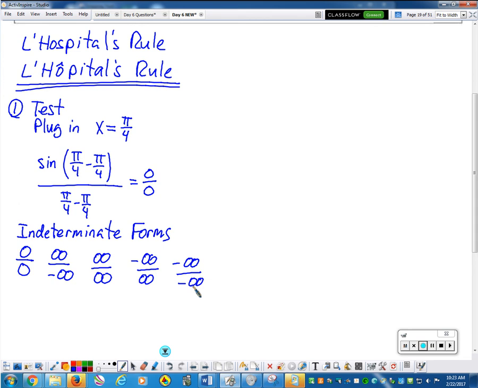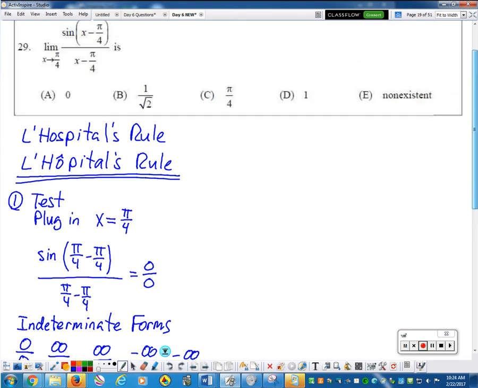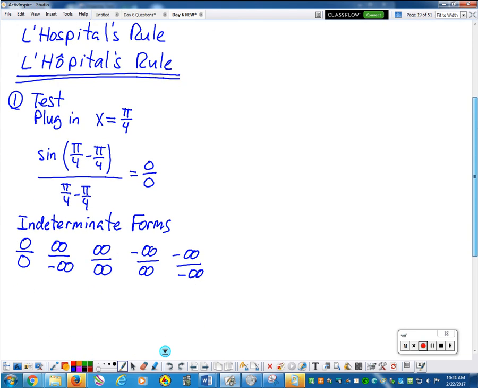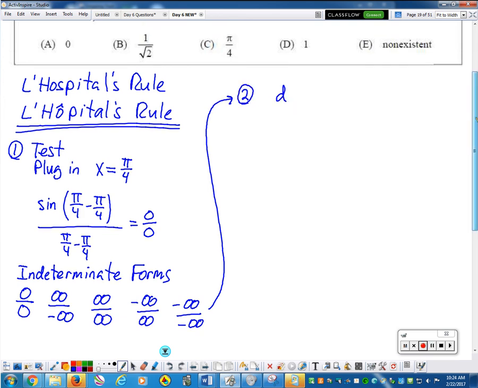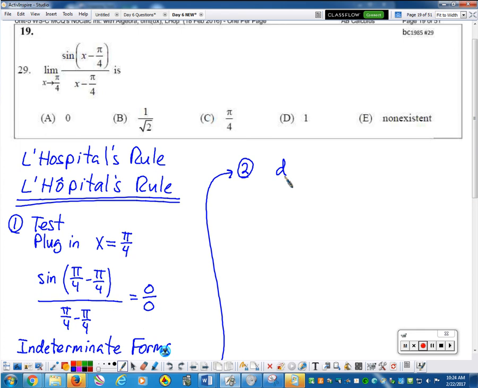So the test passes. So step number 2 is to find the derivative of the numerator of the expression we're trying to find the limit of. So we go up here. Step number 2, we take the derivative in terms of the limiting variable, so in terms of x, of the numerator.